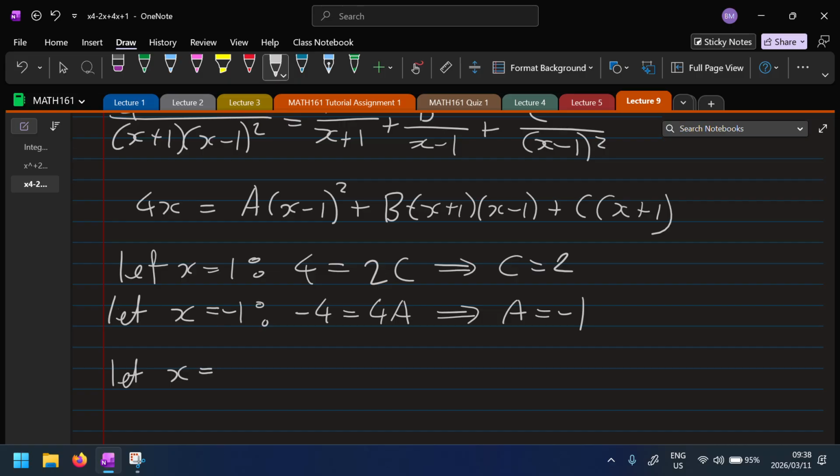Any ideas? You don't want to pick something like 10. You're just asking for trouble. So something very simple, we can just substitute. Any ideas? Yeah, it can be anything, right?